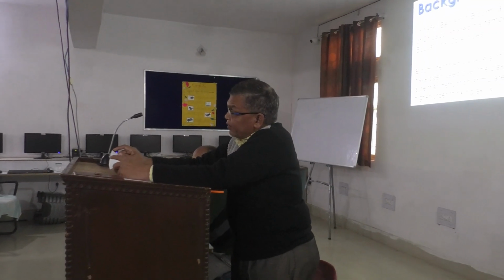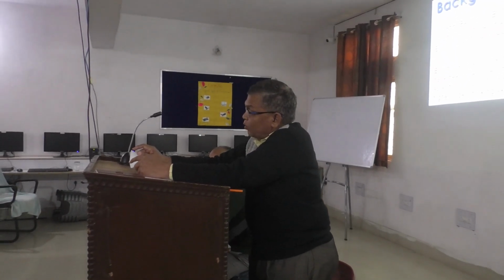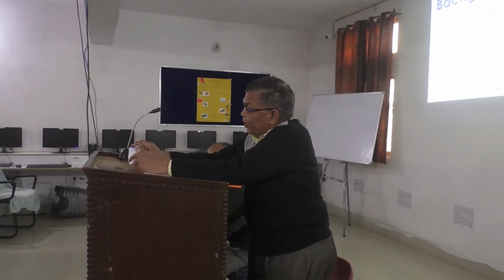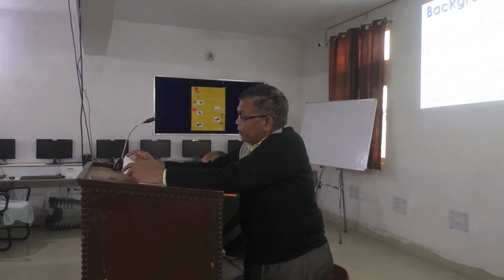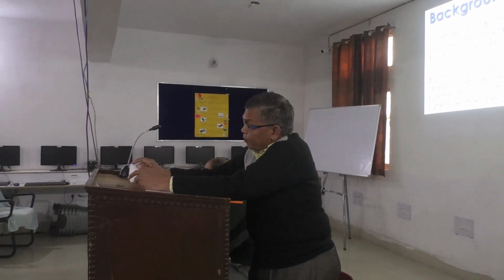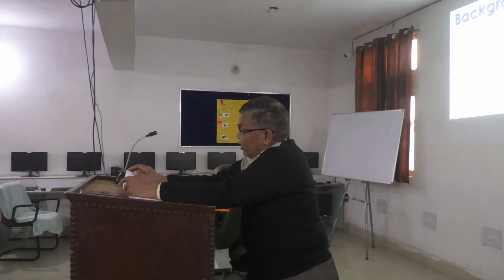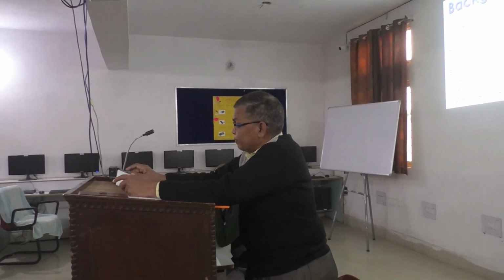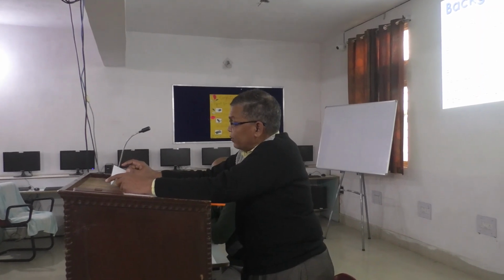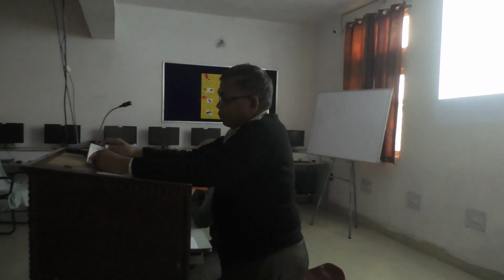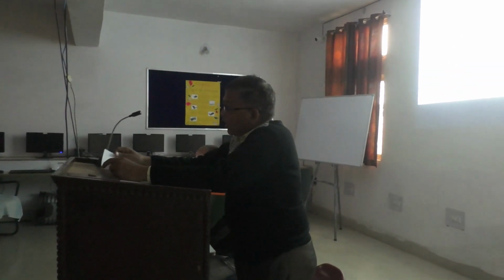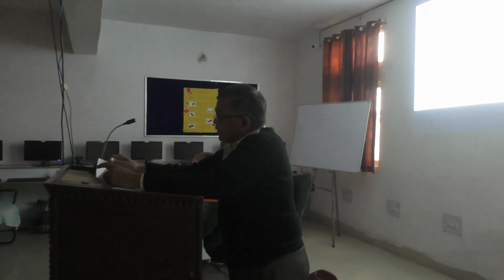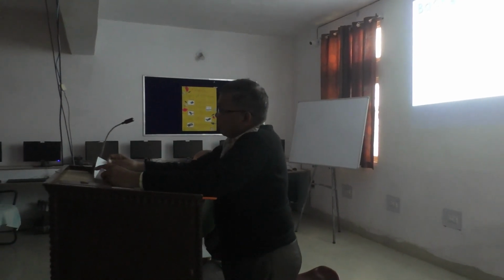Bloom identified 6 levels of cognitive complexity that have been used over the past 4 decades to make sure that instruction stimulates and develops students' higher order thinking skills. Institutes make use of Bloom's taxonomy to improve curriculum, assessments, and teaching methods.